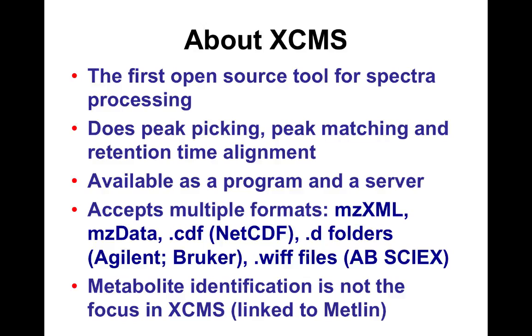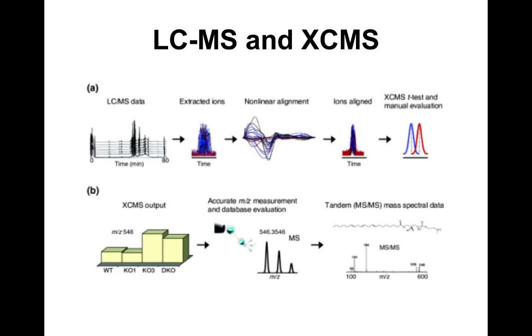You can get XCMS as a program, or you can access it through the web. It accepts lots of different data formats, and it's linked to a database called METLIN, which allows you to match to reference spectra and identify compounds.